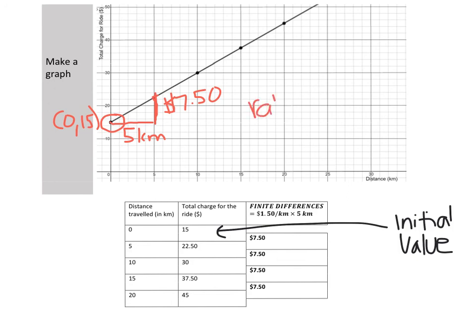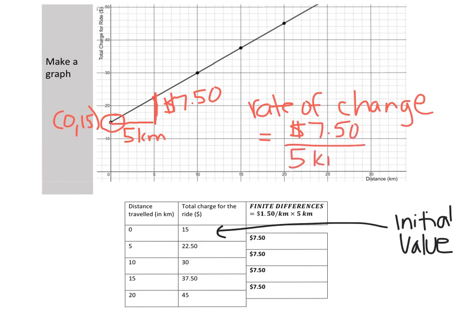So the rate of change on our graph is the rise, $7.50, over the run, which is 5 kilometers. And this takes us back to our rate of change from our equation, $1.50 per kilometer.